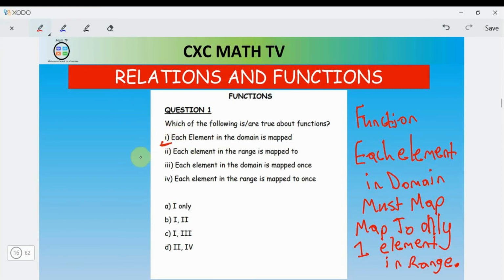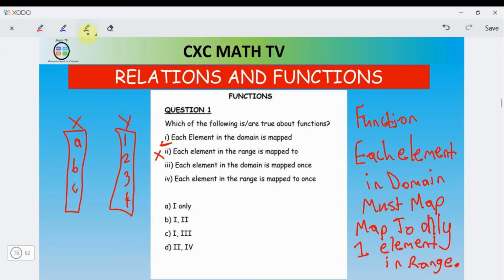Now, each element in the range is mapped to. That's not necessarily true, because we can construct a function where nothing is mapped to a y value, but it is still a function. So this is the domain x, this is our range y. Let's say the domain is A, B, C, and the range is 1, 2, 3, 4.